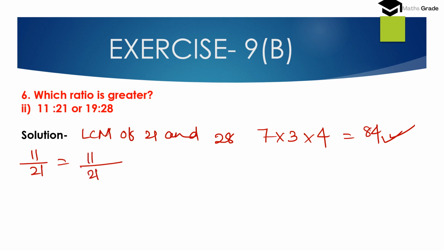We know in the table of 21, 21 multiplied by 4 is 84. So we have to multiply the same number 4 with the antecedent 11 also. So 11 multiplied by 4 is 44, divided by 21 multiplied by 4, which is 84. Now 44 divided by 84 is the equivalent ratio of 11:21.